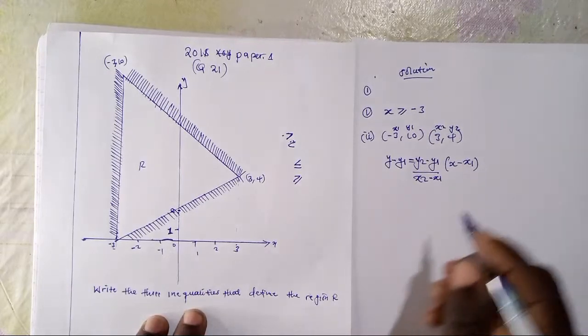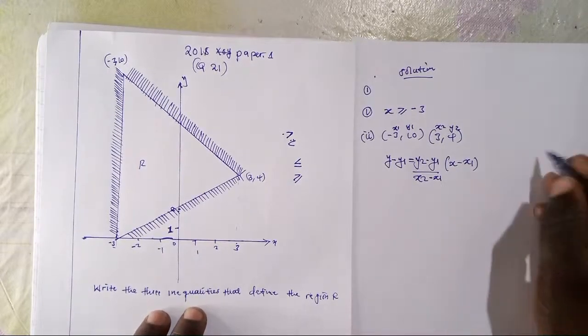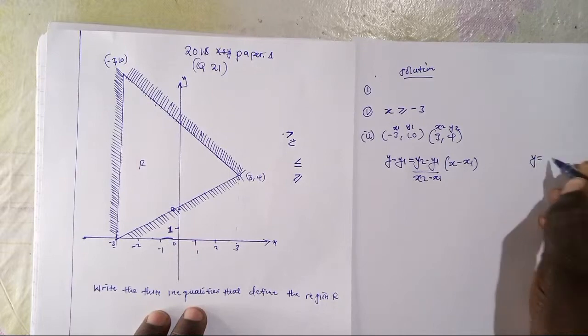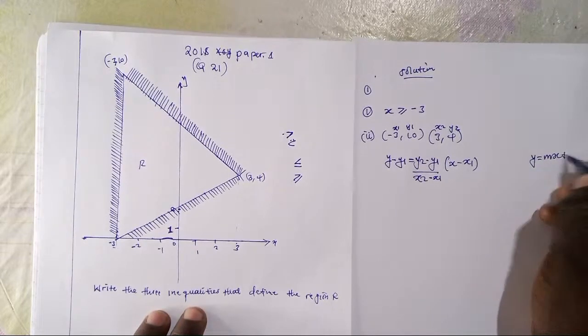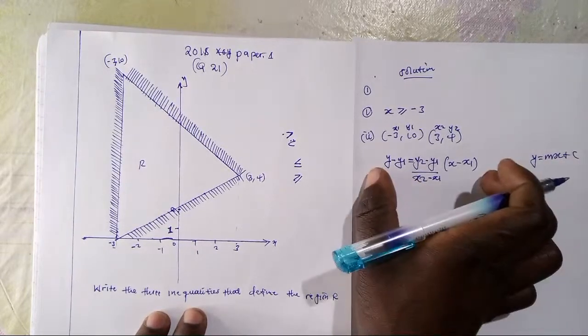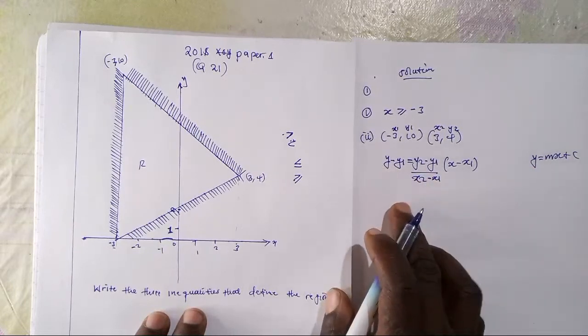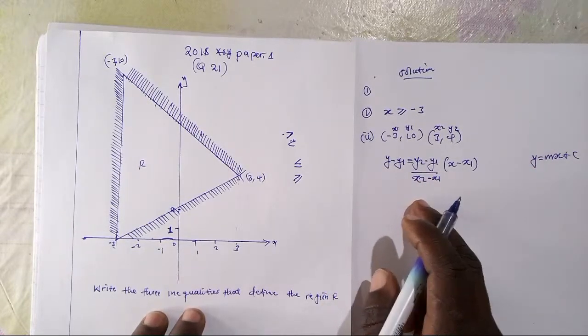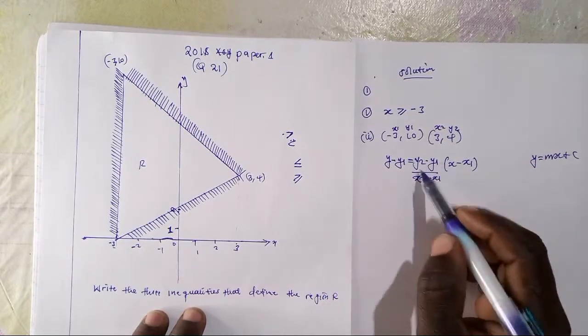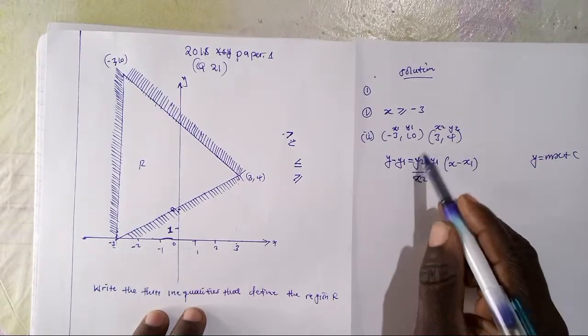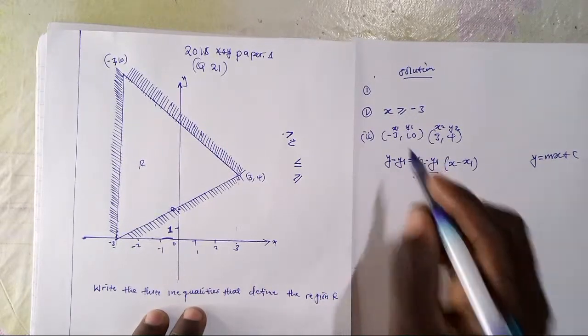Most of you can use y equals mx plus c. But this equation here is direct. There is no need of finding a gradient because the gradient part is here, right? Then let's get going.